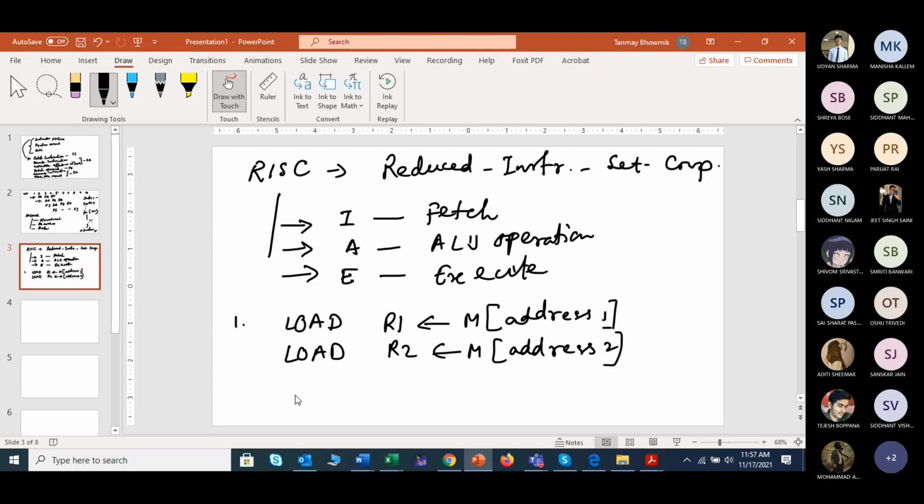Okay, then this is your third instruction, add, and the final one will be store. So where will you store? You will store in memory address 3.